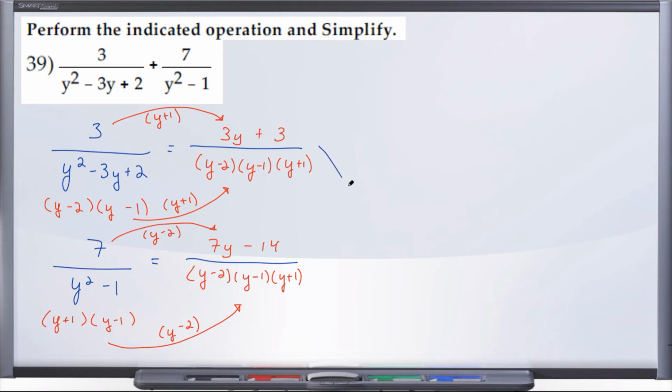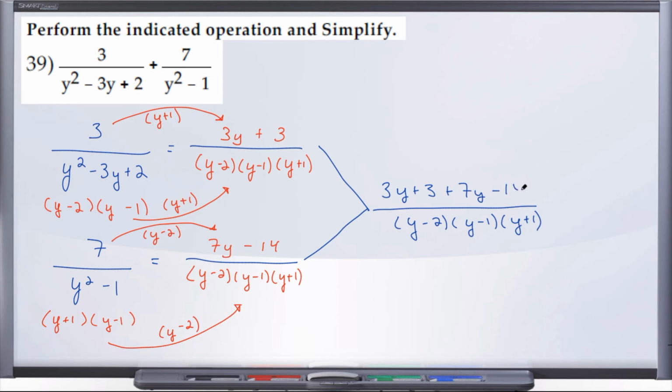And now that we've built a common denominator, that common denominator can just kind of move on over as y minus 2, y minus 1, y plus 1. And now the numerators can go ahead and combine. So we have 3y plus 3 plus 7y minus 14.